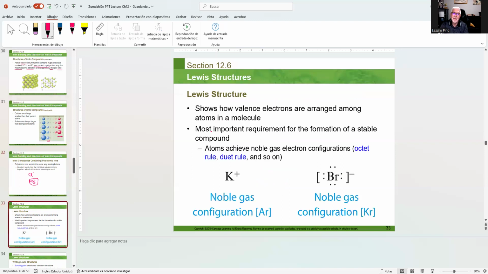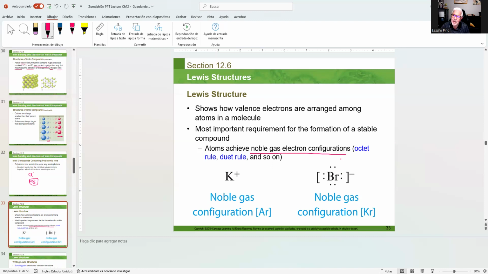Let's study the Lewis structure. It's a representation that is also known as dot representation. The Lewis representation is based on what we call the noble gas electron configurations.